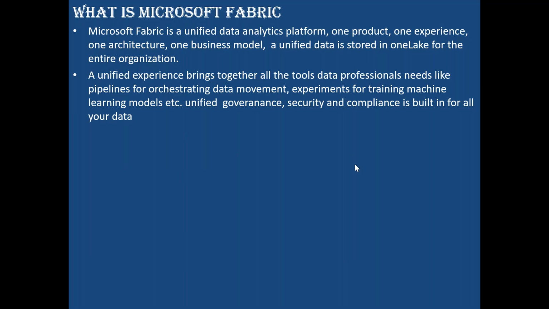A unified experience brings together all the tools data professionals need, like pipelines for orchestrating data movement. The main use of a pipeline is that we create pipelines to pull data from different places and store it at a single place. We'll have transformation jobs, and those transformation jobs also will run through the pipeline.